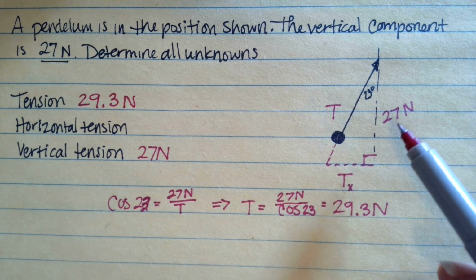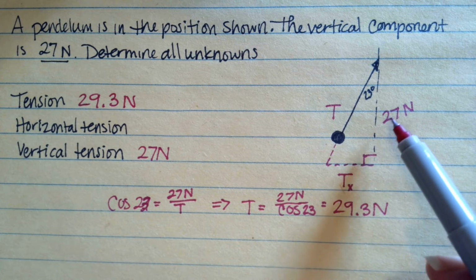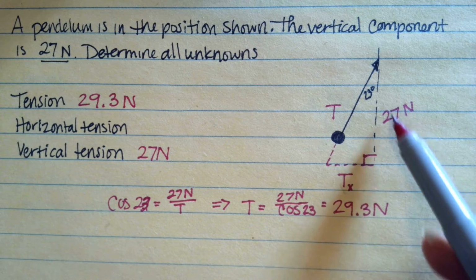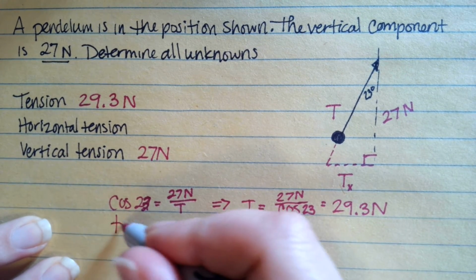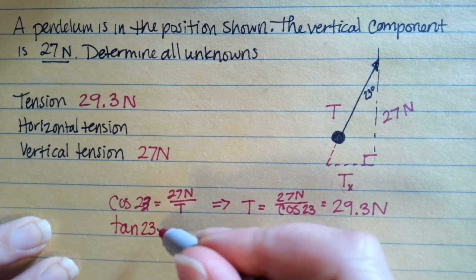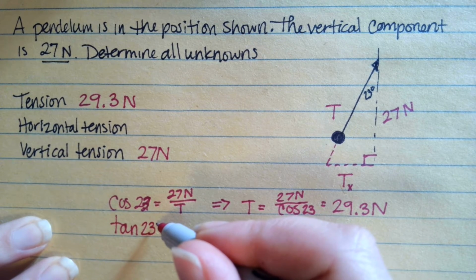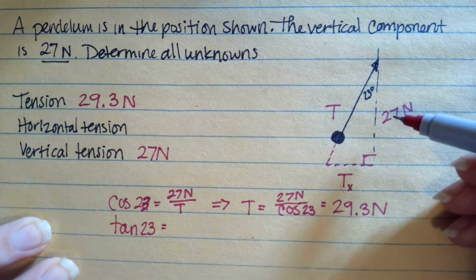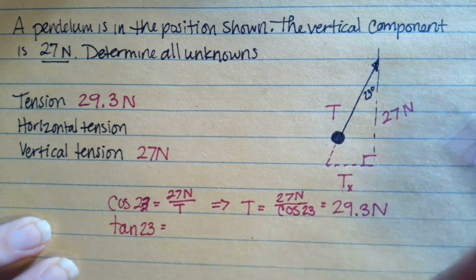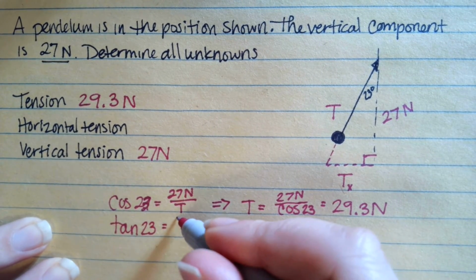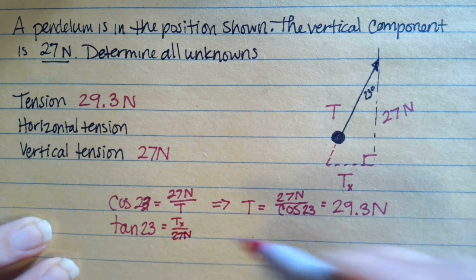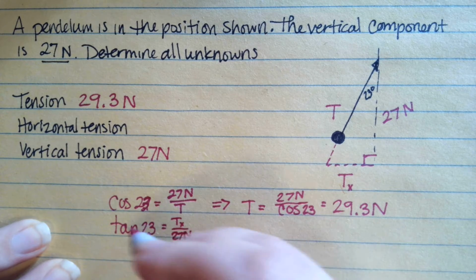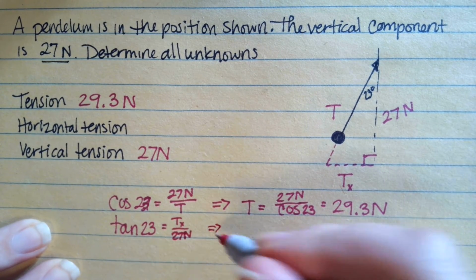We can use any one of these. Since I have this one and I have this one, I have the adjacent and the opposite, I'm going to use tangent. Tangent of 23 degrees is going to equal opposite over adjacent. Opposite is T of x, and adjacent is the 27 newtons. And I can rearrange this, multiply the 27 over to the other side.